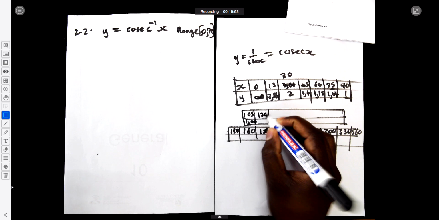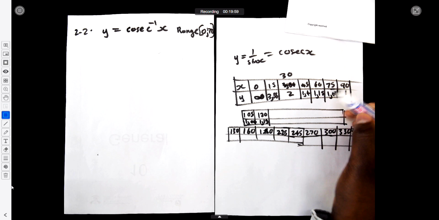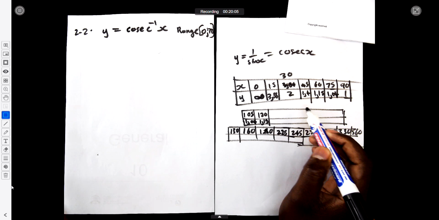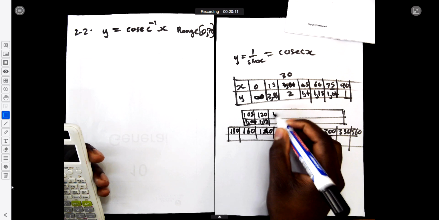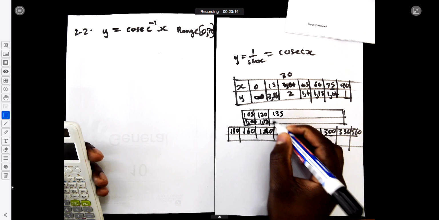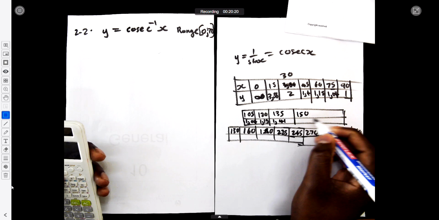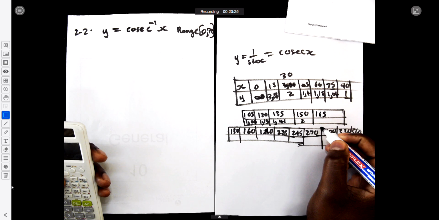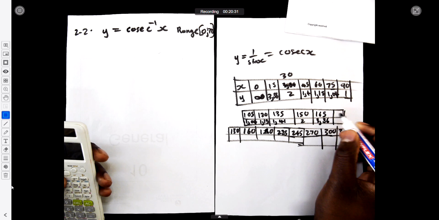At 120, it's 1.15, like the one at 60. At 135, it's 1.41. At 150, it's 2. At 165, 3.86. And at 180, there's an asymptote.